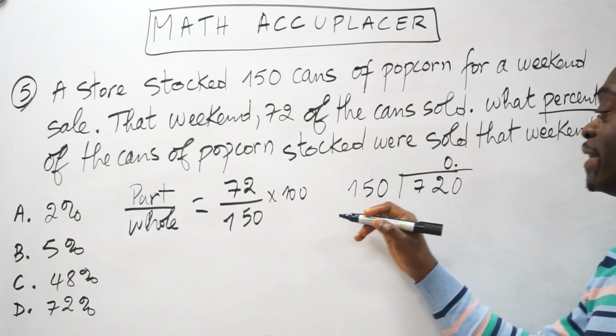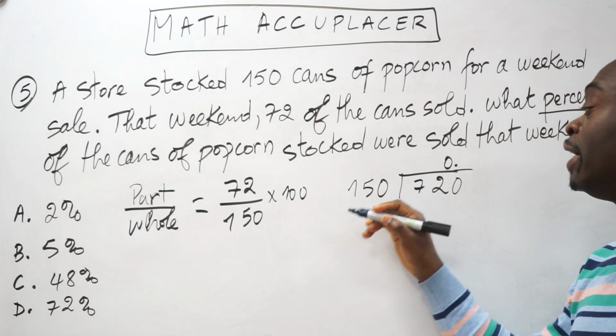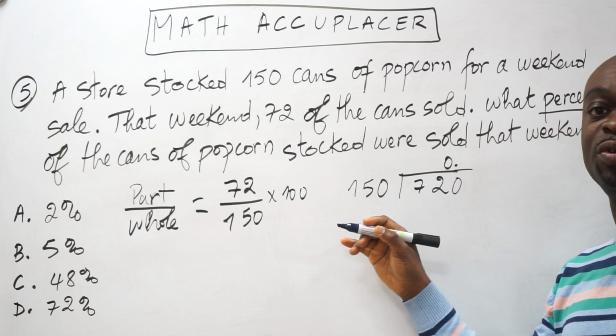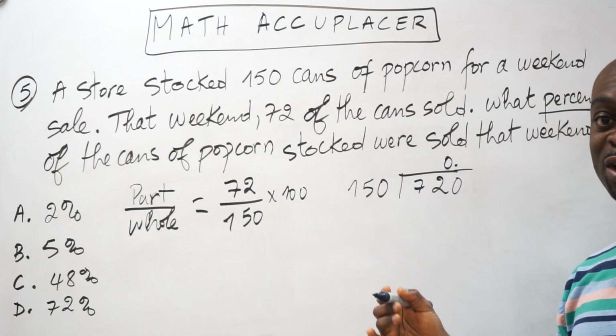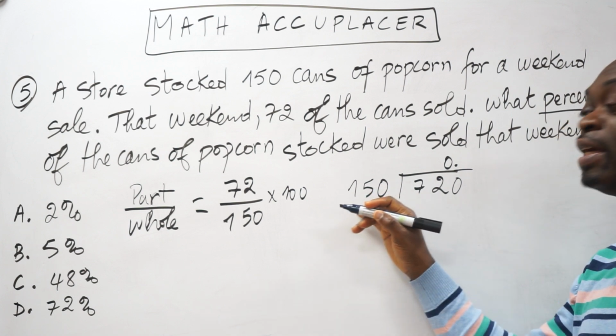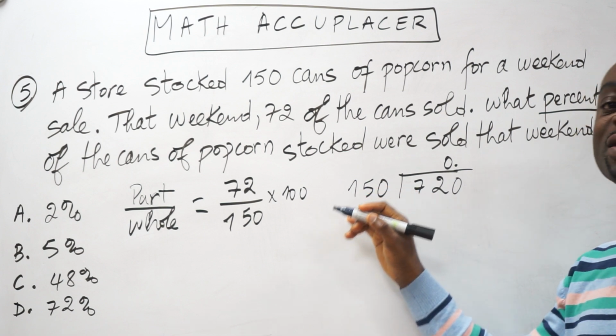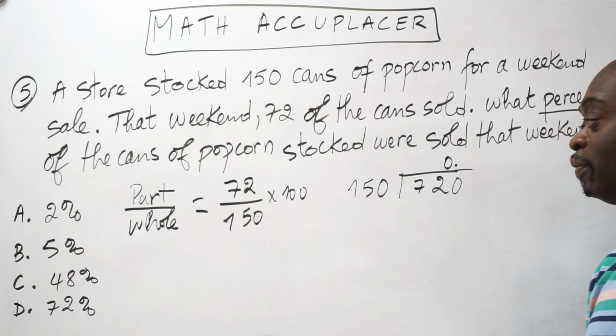As you can see, 150 multiplied by 2 gives you 300. Multiplied by 3 gives you 450. Multiplied by 4 gives you 600. And then you just continue.